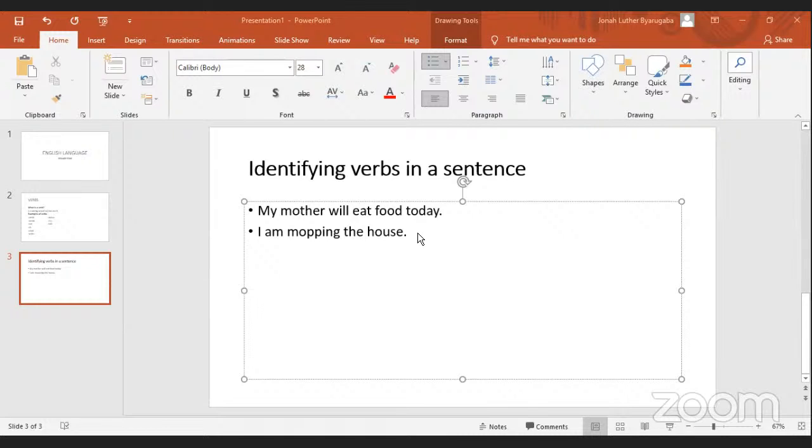We need to be able to tell that in this sentence, this word is working as a verb, and this word is working as a noun. That process is called parsing. The process of identifying different parts of speech in a sentence is called parsing.